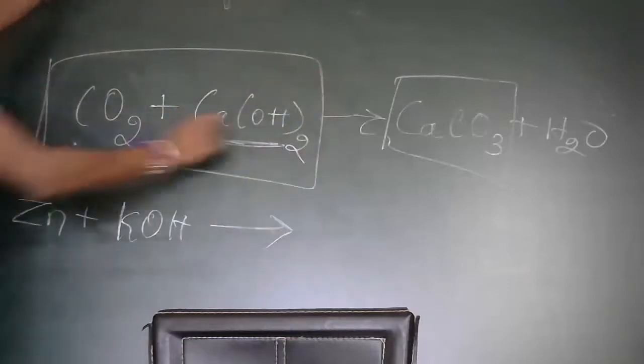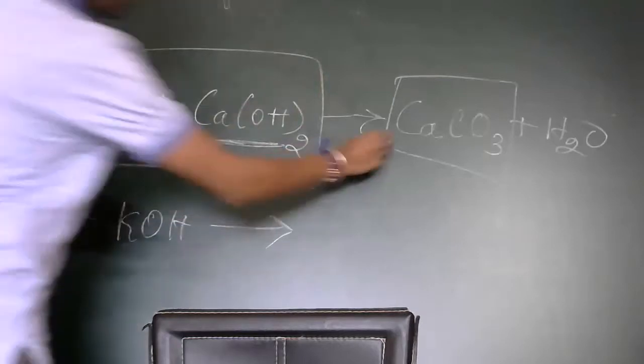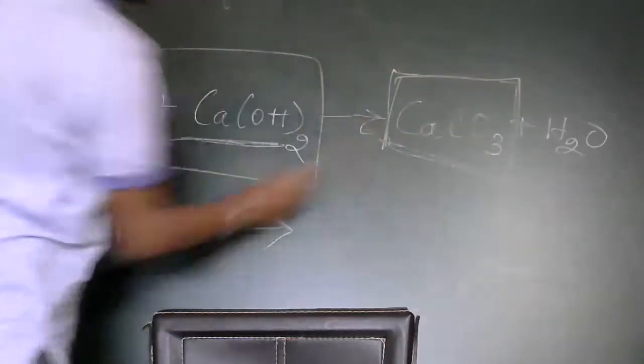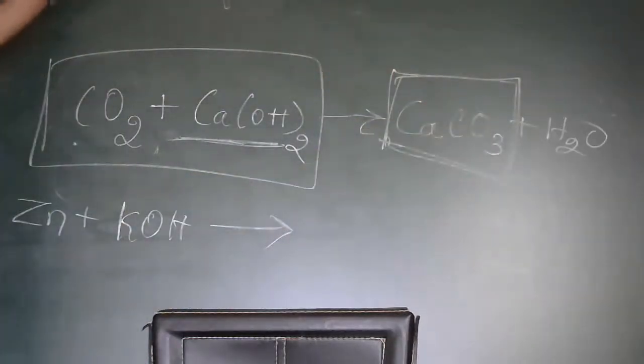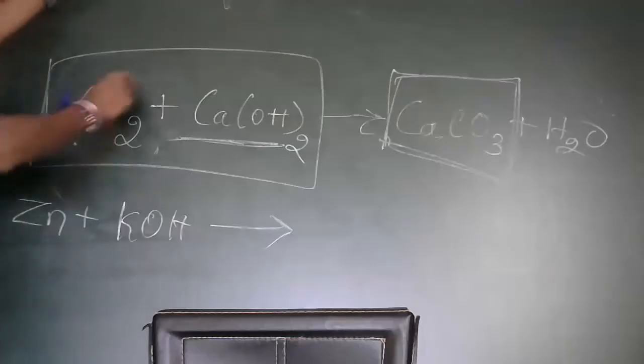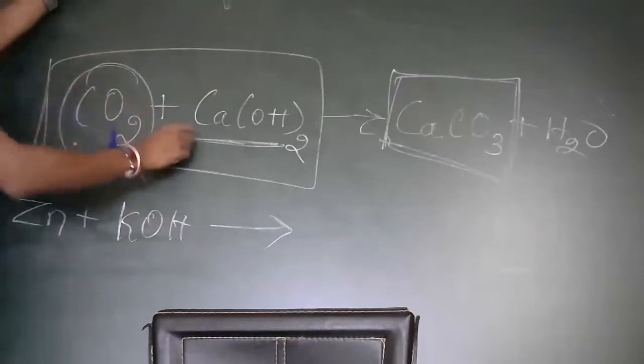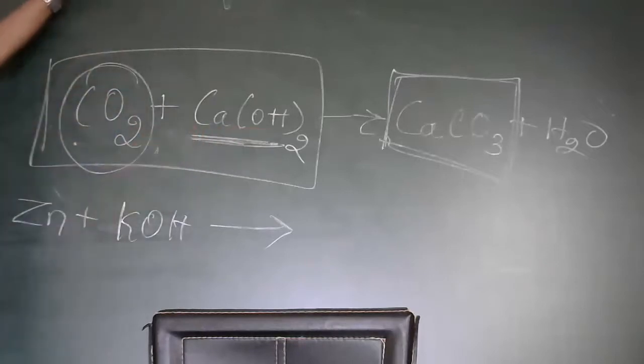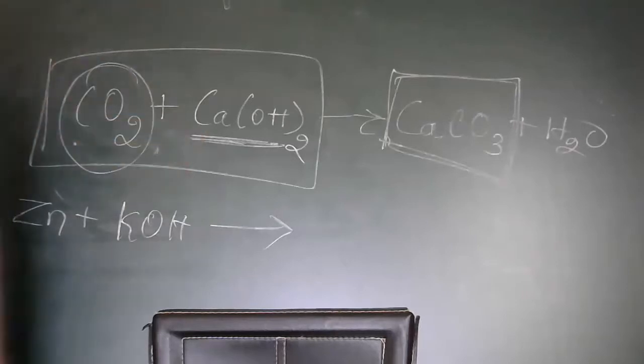Carbon dioxide reacts with calcium hydroxide to form CaCO3 plus H2O. This is how non-metallic oxides react with base to form carbonates. See here, this is how it reacts. This is also given in your textbook.